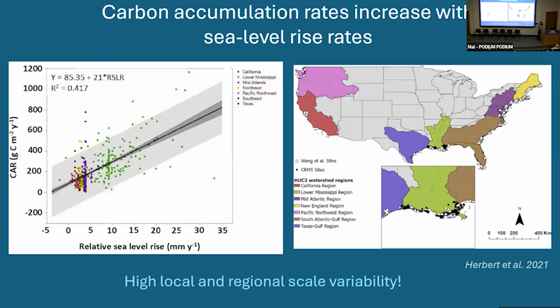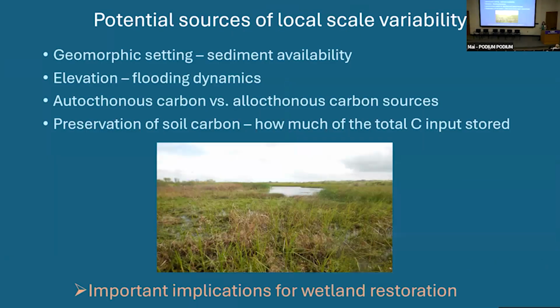Again, we're interested in what factors influence this local scale variability so that we can better plan restoration projects. Potential sources of local scale variability include geomorphic setting, so the amount of sediment that's available for burial of soil carbon. The elevation plays a key role in terms of the flooding dynamics, having an optimized level of flooding to promote plant productivity and also allow sediments to accumulate.